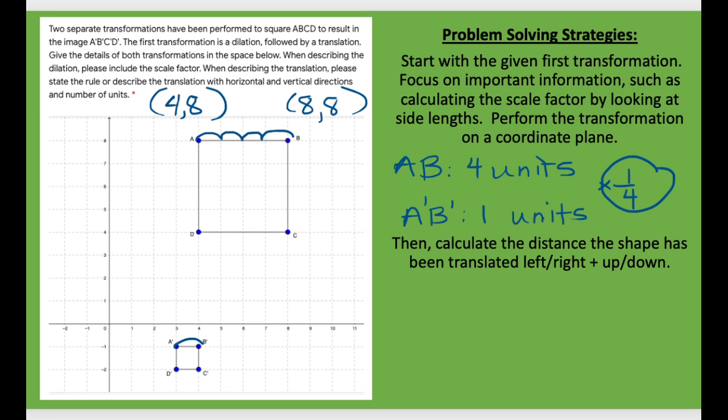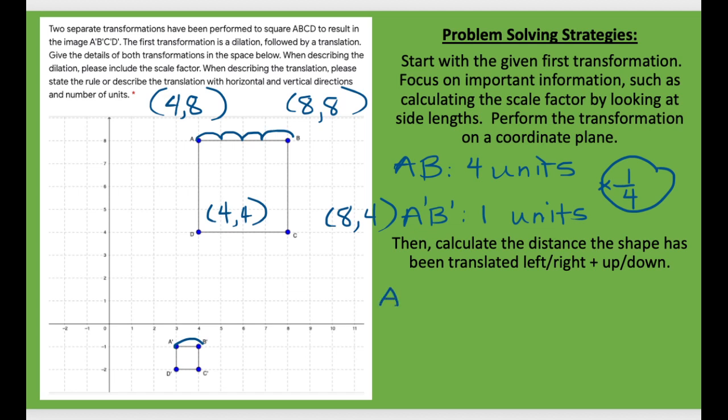C is at 8, 4. And D is at 4, 4. So what I'm going to do now is multiply all of these coordinates by the scale factor of 1/4. If I start with A, I'm going to show my work down here.